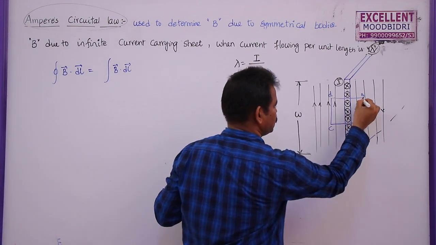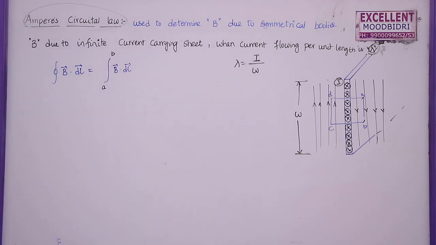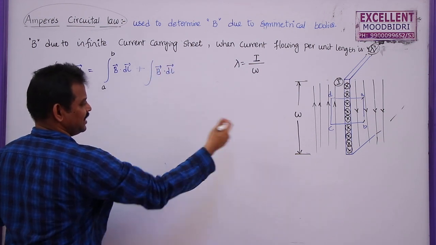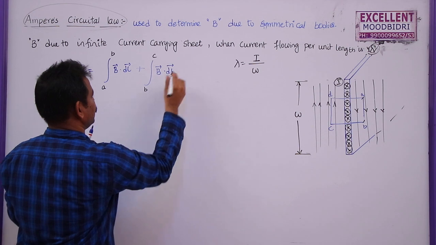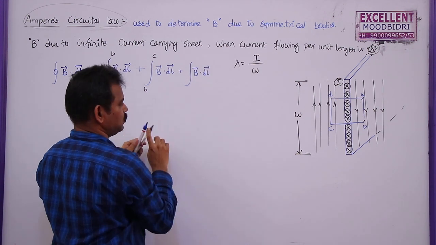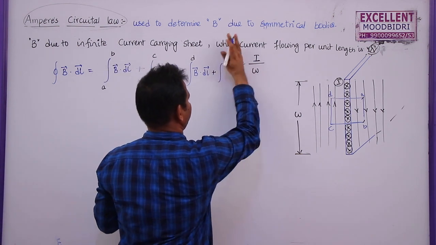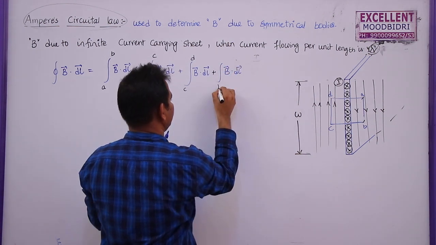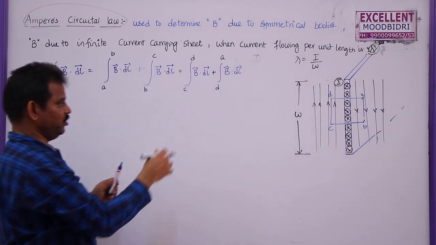Because this length from here to here is A to B. Then the integral of B bar dot dl bar for the second side, that is BC of the Amperian loop, plus, for the third side, B bar dot dl bar, the third side is CD, plus, for the fourth side, B bar dot dl bar from D to A. Here lambda is the current for unit width of this sheet.